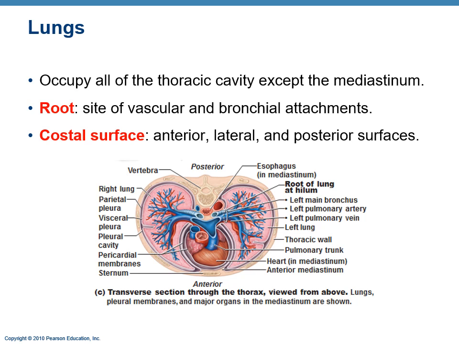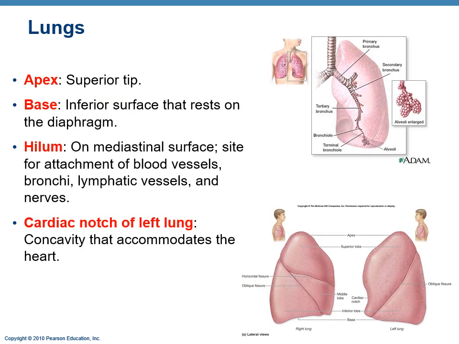The lungs occupy all of the thoracic cavity except for the mediastinum where the heart is. The root of the lungs is the site of vascular and bronchial attachments, and the costal surface on the anterior, lateral, and posterior surfaces are those that face the ribs, hence costal. The apex of the lungs, unlike the heart, is actually the top, the superior tip.